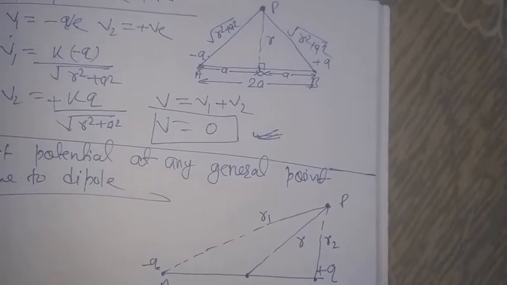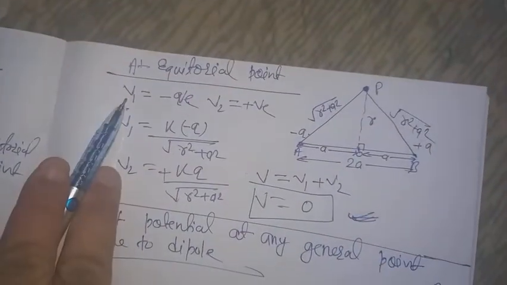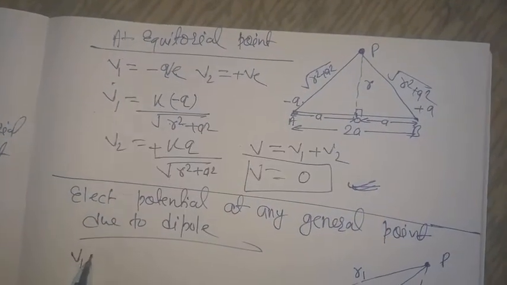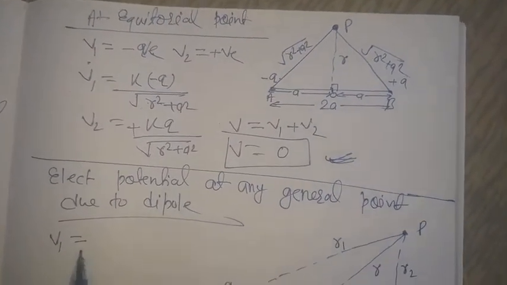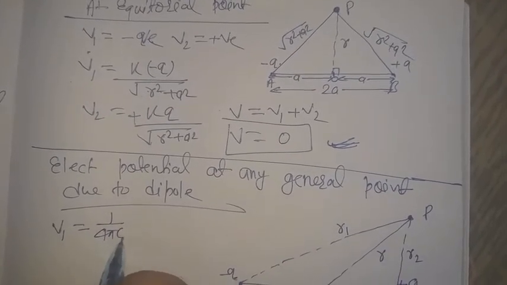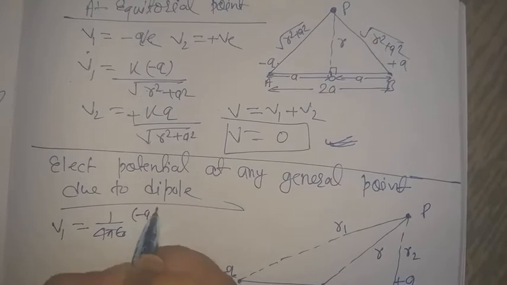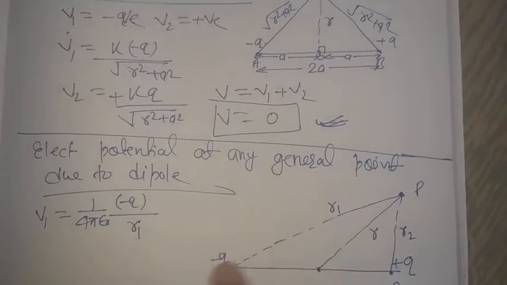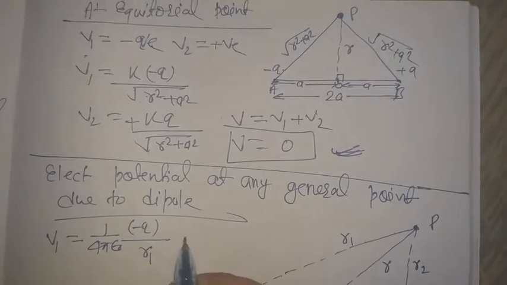Now, same way, V1 is due to the negative charge and V2 is due to the positive charge. So what is the value of V1? V1 is equal to 1 upon 4 pi epsilon naught into minus Q upon r1, because we have assumed the distance r1.